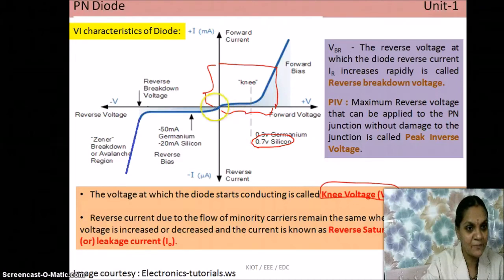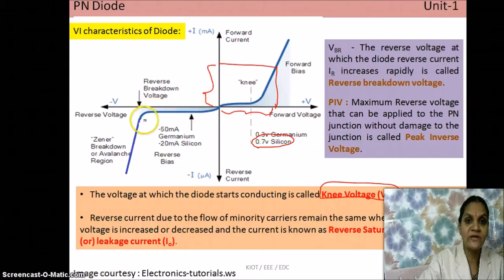See here, when I am increasing the reverse voltage in this direction, initially the current is increasing to some extent, and after that it remains constant. This is because minority carriers are dependent only on external temperature, not on external voltage. So the minority carriers remain constant, and the current remains constant.